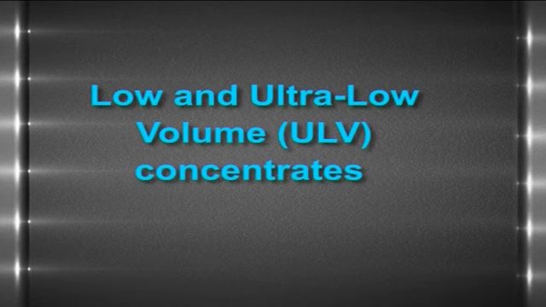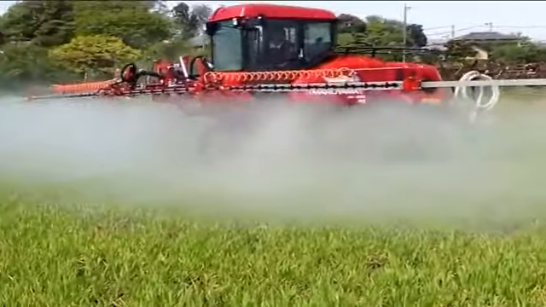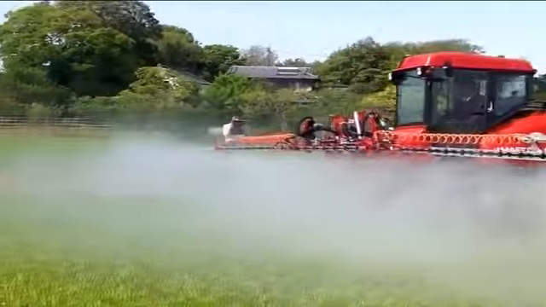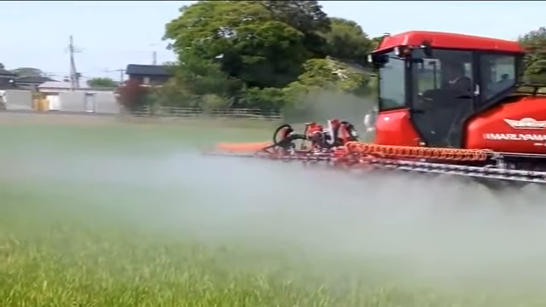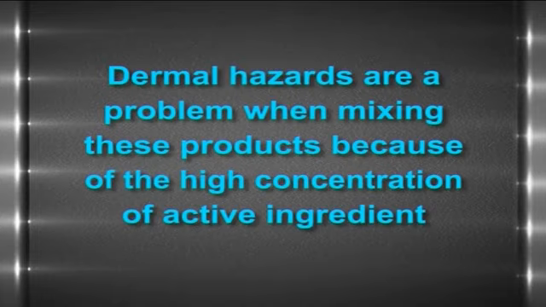Low and ultra low volume, which is abbreviated as ULV, concentrates used in space spraying and fogging are frequently applied undiluted. Dermal hazards are a problem when mixing these products because of the high concentration of active ingredient.